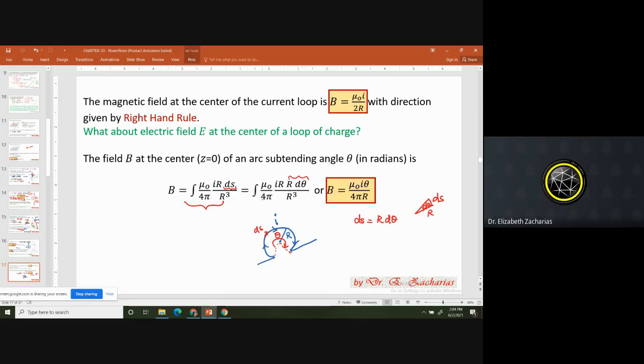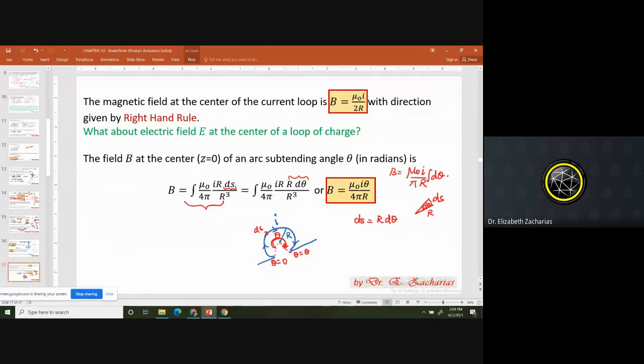Take everything else out. So you're going to get B equal to mu naught I by 4 pi r integral d theta. When you do this integration, you have to go from theta equal to 0 to theta. So this is the angle.